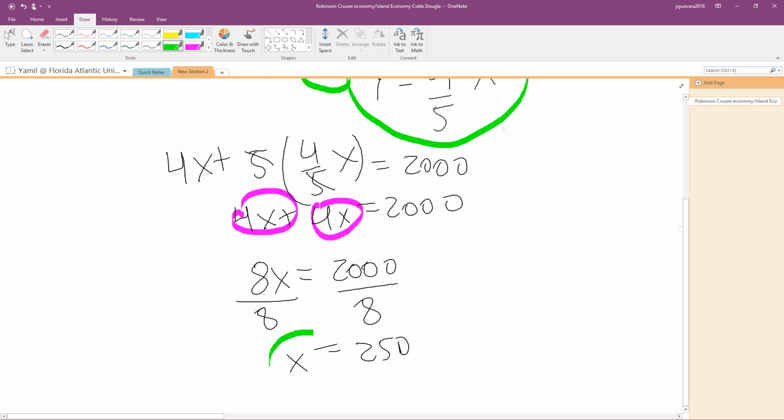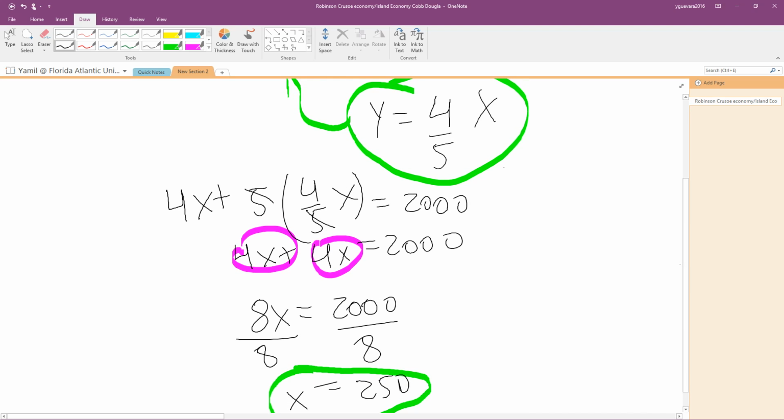Okay, now we need to find the optimal y, quantity of y that is going to maximize our consumer's utility. Remember from our previous equation that y equals 4 by 5x, and we got that here, right?